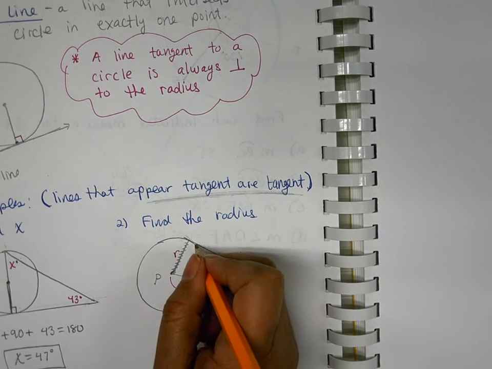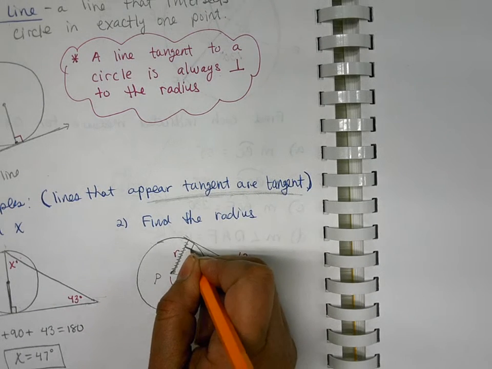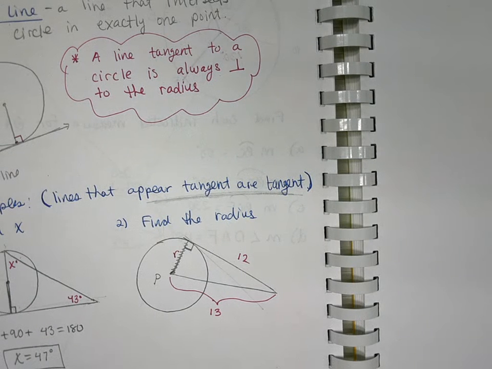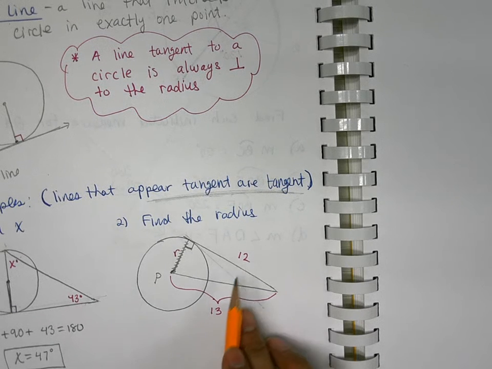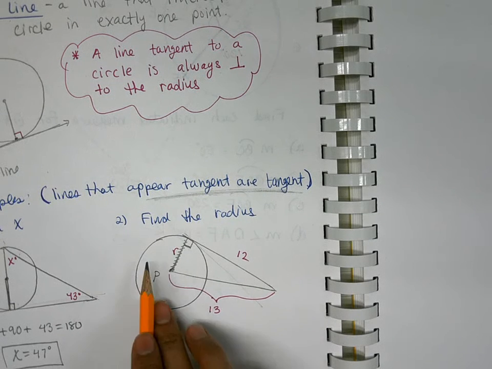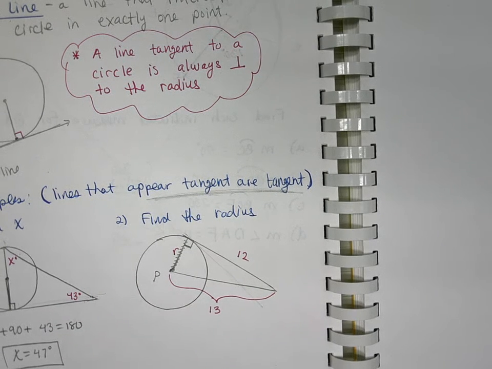Remember, since this is tangent and this is the radius, they are perpendicular. That will not be marked, you just need to know. And because it is a right triangle, we have a special formula to use. Can you remember what that special formula is?